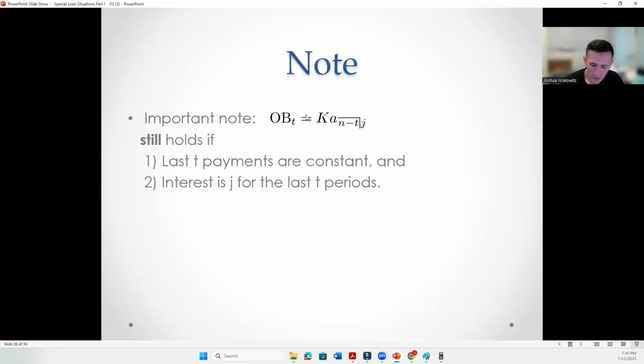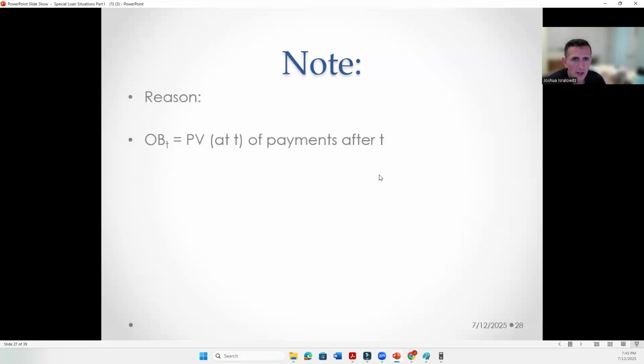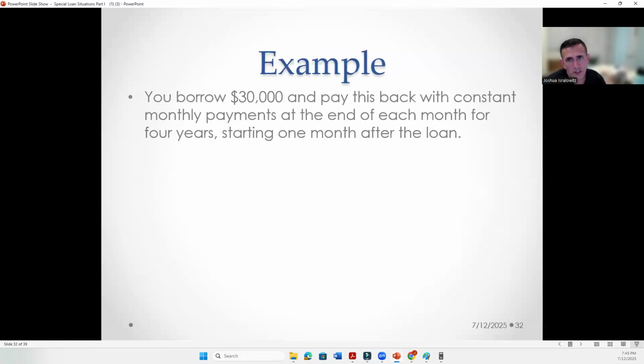I don't think you ever get into exam FM questions where you have all kinds of crazy interest rate or payment changes, and you have to be careful with these outstanding balance formulas. So exam FM is nice in that. I don't recall ever seeing it. So I think something like this is the craziest kind of problem you'll ever possibly see.